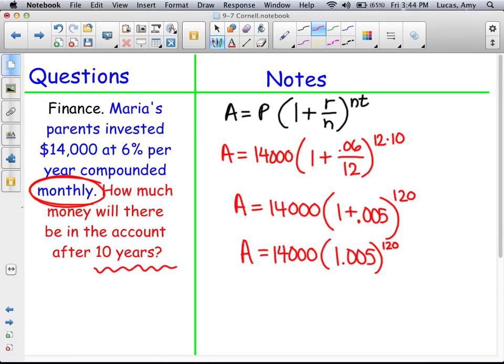So if I calculate this, 14,000 times 1.005 to the power of 120, the amount in the account, and this is going to be an approximate value because I am rounding this, so approximately $25,471.